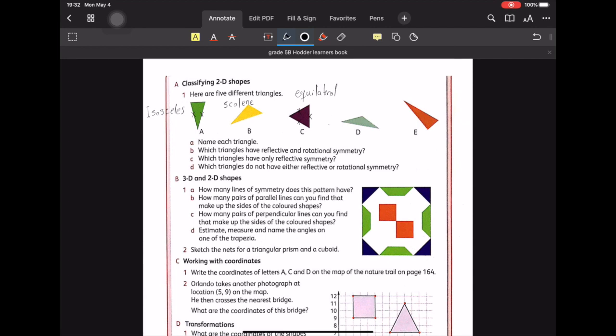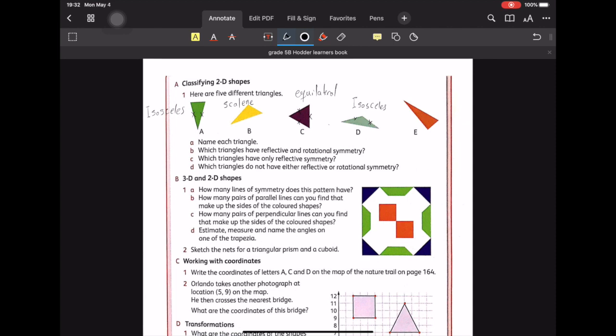About triangle D, these 2 sides are equal. Then we're going to have an isosceles triangle again. And about E, regarding the sides, none of them are the same.